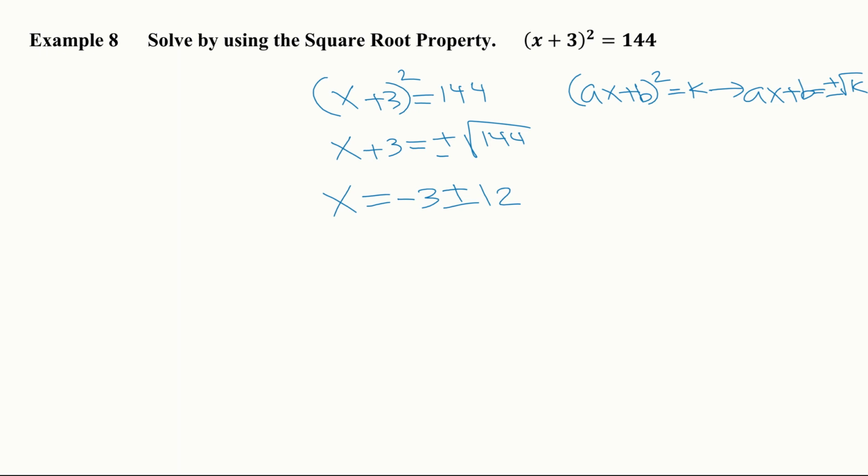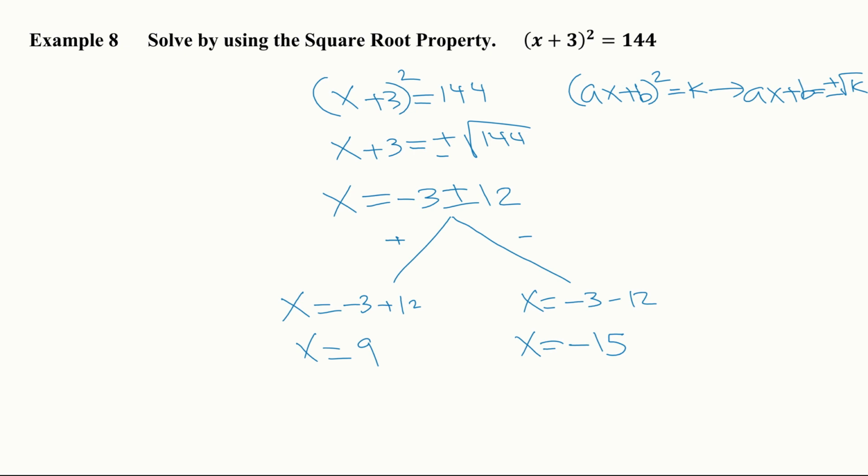So now we're going to have the positive case and the negative case. The plus case gives me negative 3 plus 12, which is 9. The minus case will give us x equals negative 3 minus 12, so we get x equals what? Negative 15.